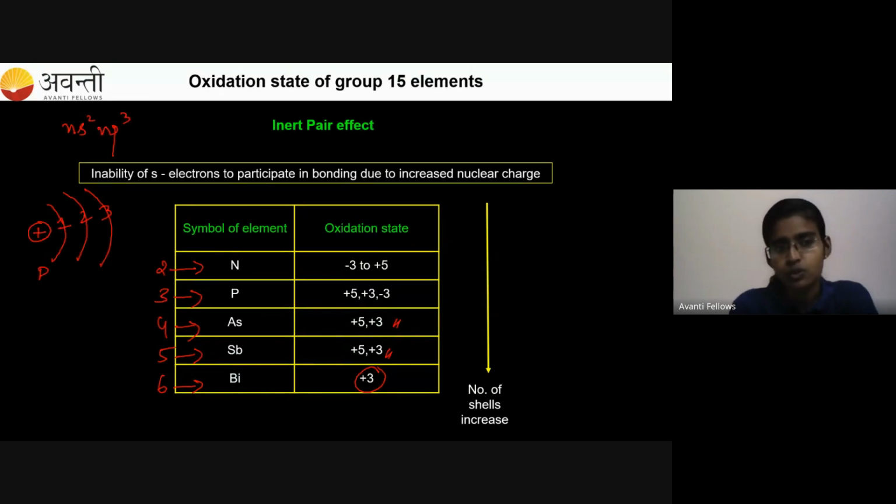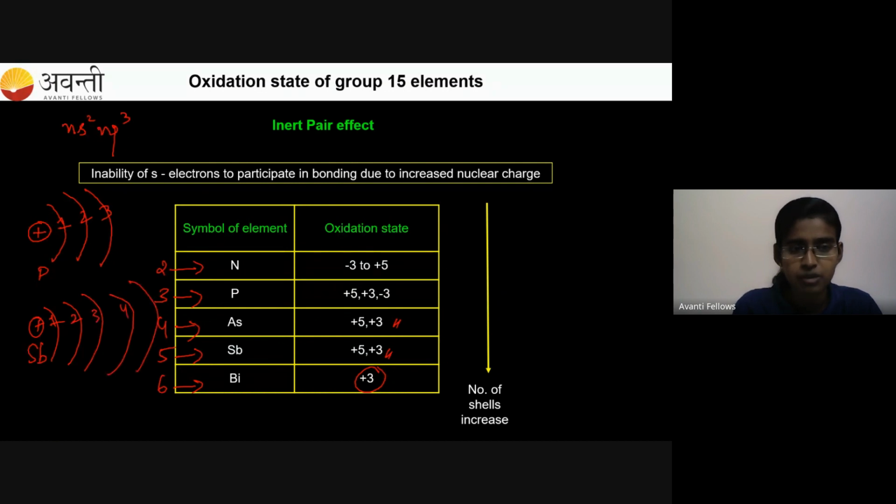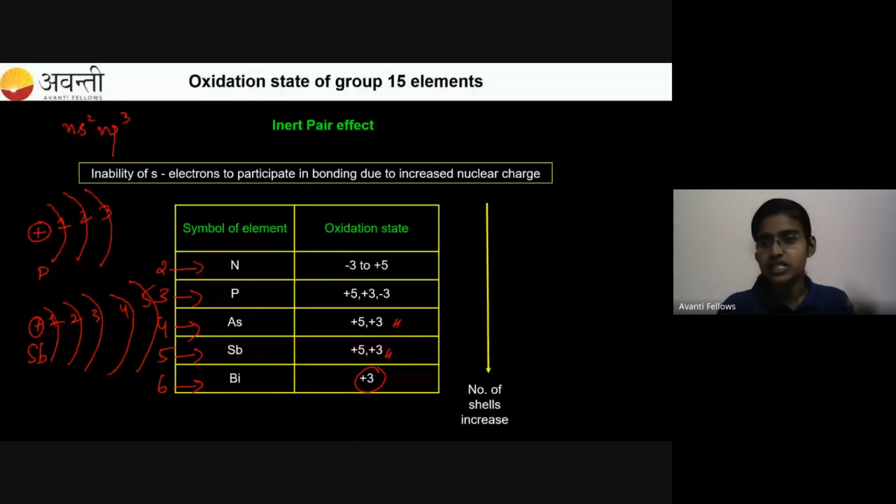Right. Now, on moving down the group, the number of shells increases. For phosphorus, we have only 3 shells. If it is antimony, how many shells will we have? This is the nucleus. Shell number 1, 2, 3, 4, and 5. So for antimony, we have 5 shells. So the number of shells is increasing.